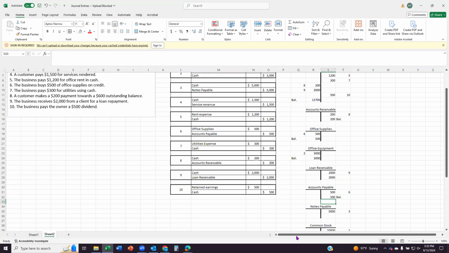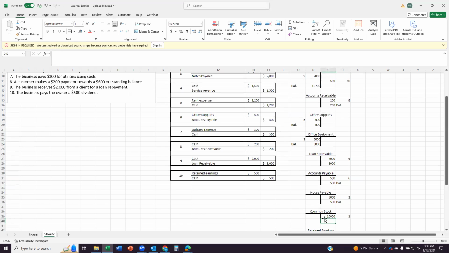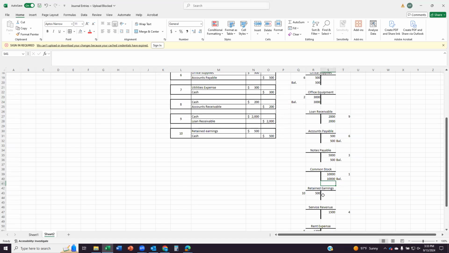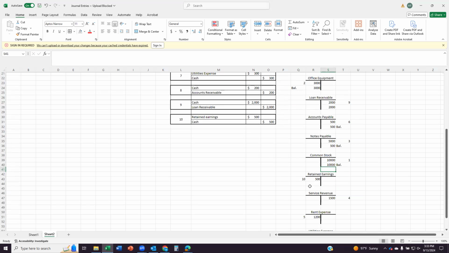And that's how we find the balances and do the post to the ledger when we're doing T accounts. So if your course uses a more traditional looking ledger that looks different than this and allows you to kind of add up the total each time, you may want to check out my other video on that.